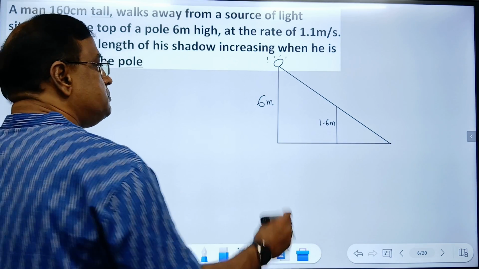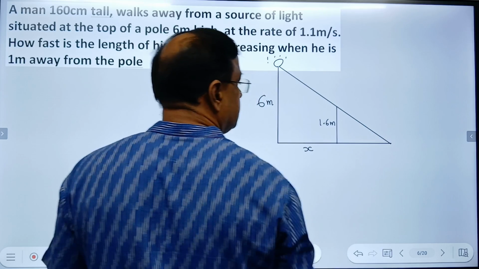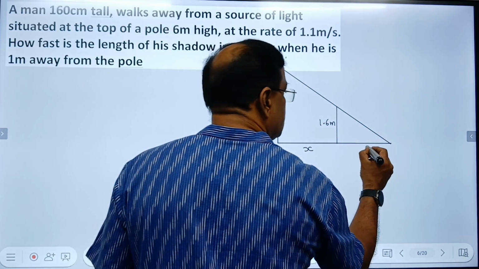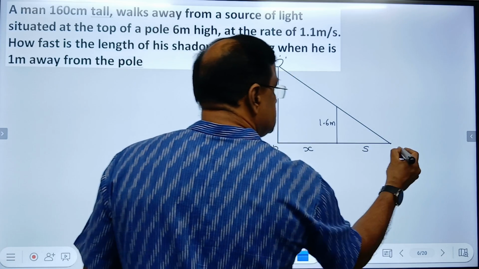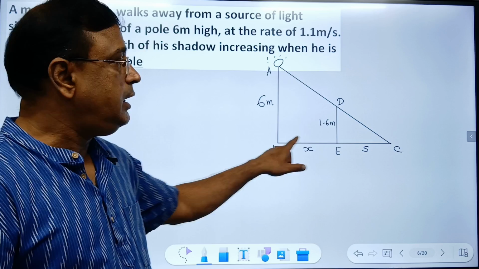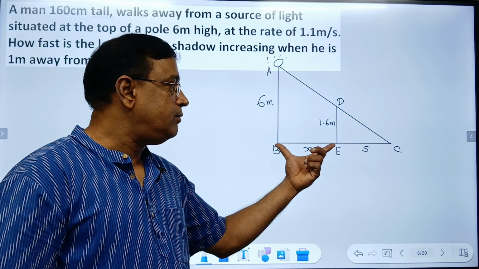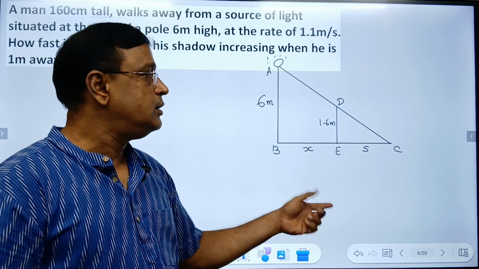Now the distance between the man and the lamp post, I call it x, and this is the length of the shadow. So if I say A, B, C, D and E, here BE is the distance of the man from the lamp post.